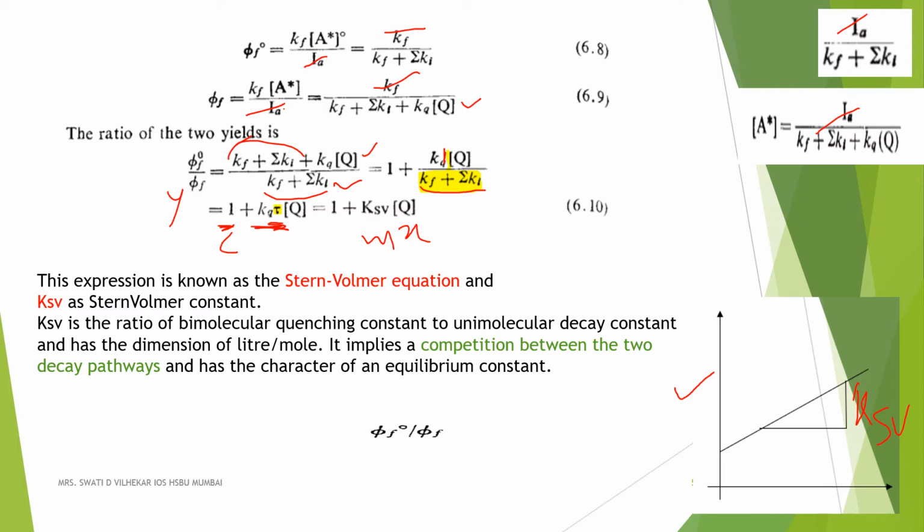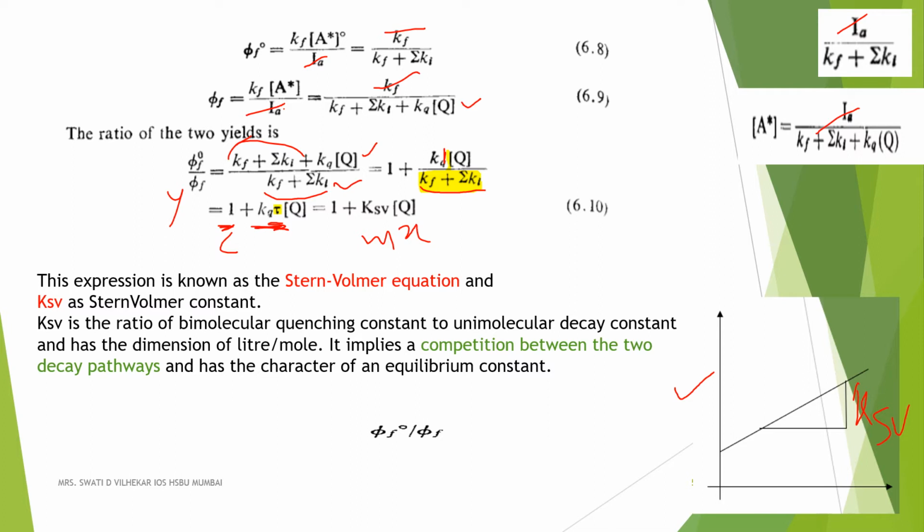Here it implies a competition between two decay pathways. When the molecule undergoes decay, there may be the presence of static quenching or dynamic quenching. Static quenching is a time independent process, while dynamic quenching is a time dependent process.